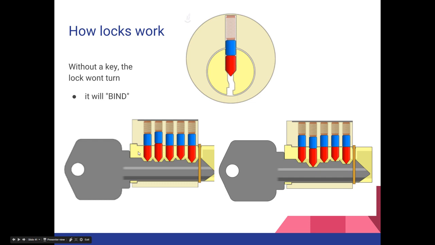On the bottom left, we have an example of an almost correct key, and the bottom pin here is keeping it from turning, and on the right, the same column position on the key is too deep, and so the top pin is causing it to bind.